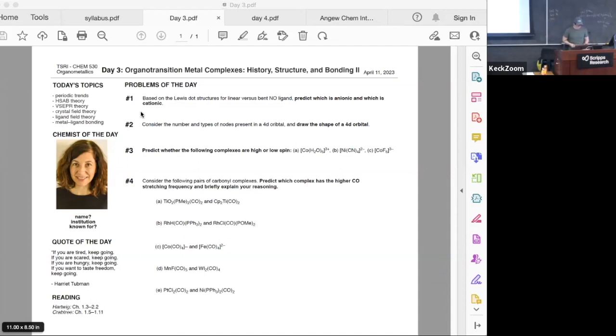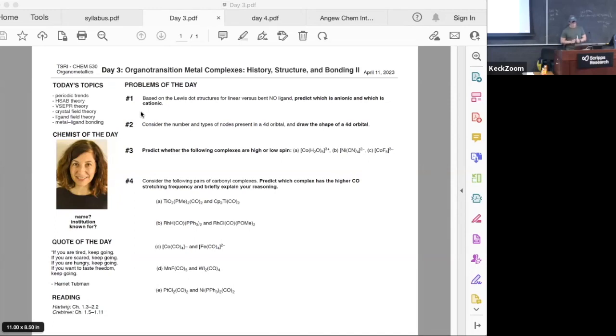C, how about Anthony? I said the iron 2-, so it's a little bit more electron rich. Okay, and so we've got the same ligand set and different metals. The cobalt complex is monoanionic, the iron complex is dianionic.